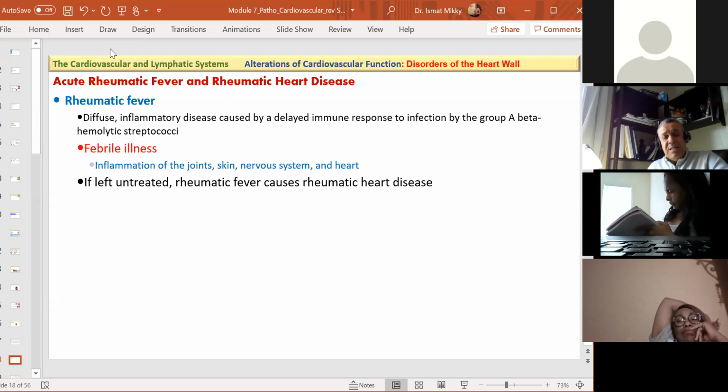Usually this disease presents in people between 5 and 15 years old, after they had that specific infection with group A streptococci.